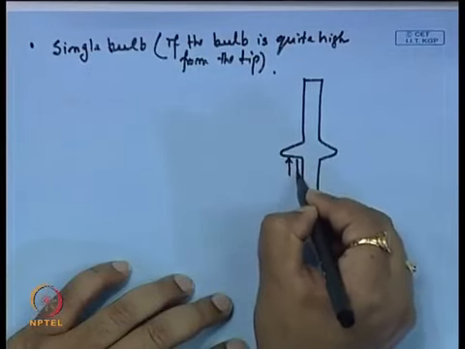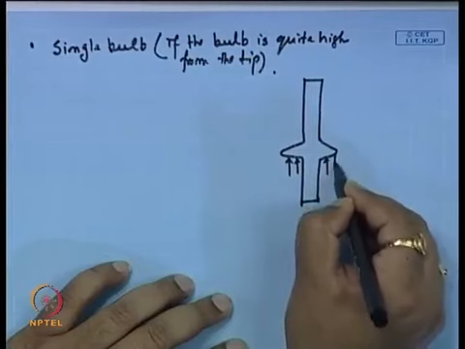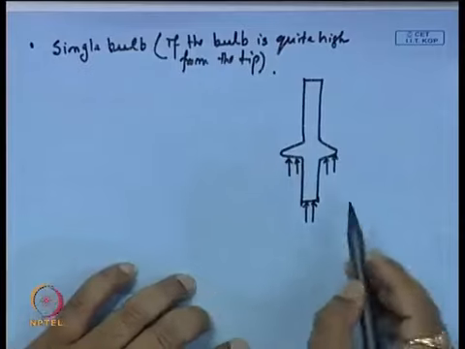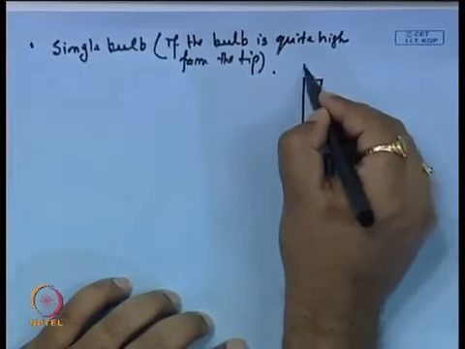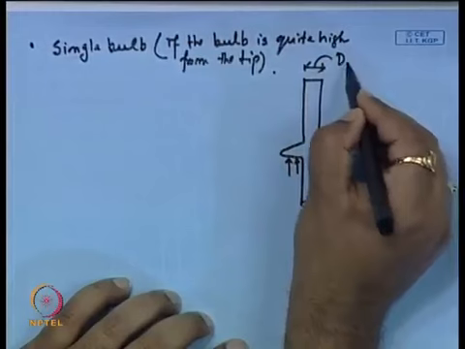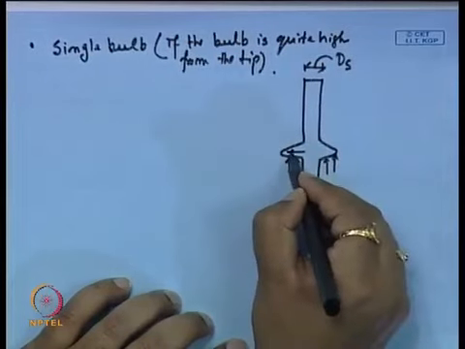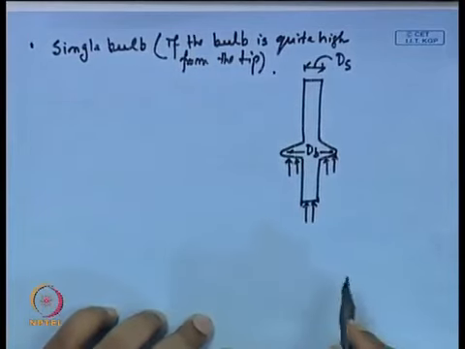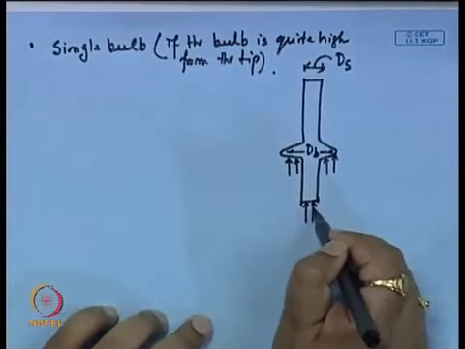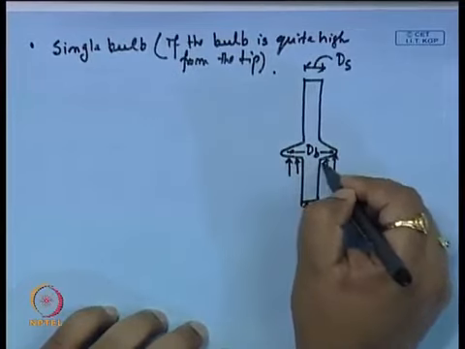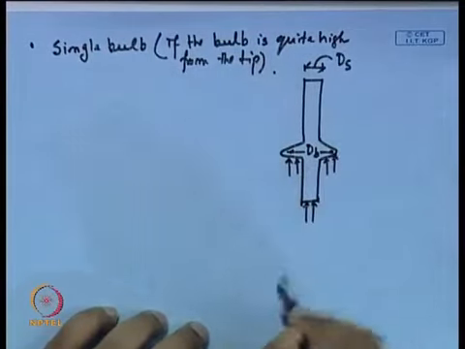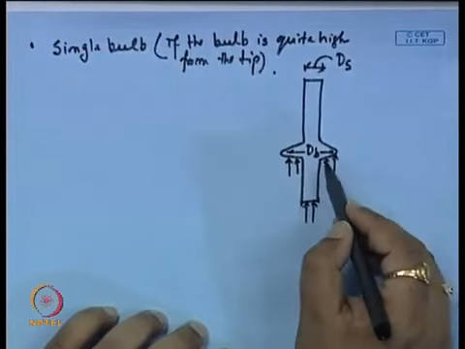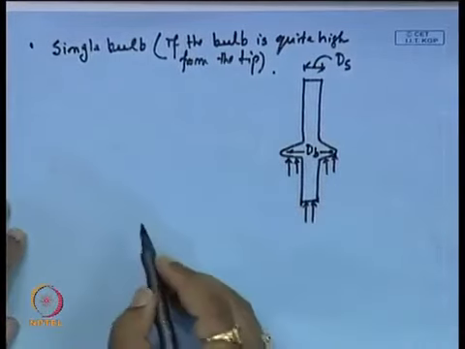Here we get the friction resistance at this bulb level, and another tip resistance from the pile tip. Again, this is the diameter of the shaft, and this is the bulb diameter dB. Now, we get tip resistance at the tip of the pile and at this bulb level also from this enlarged portion. But when the bulb is very close to the tip of the pile, we consider resistance only from this enlarged portion of the bulb.